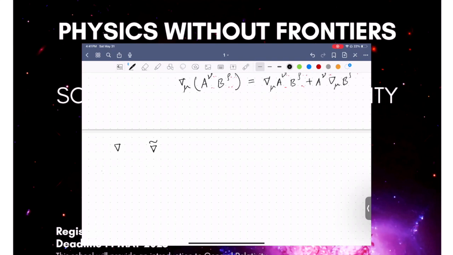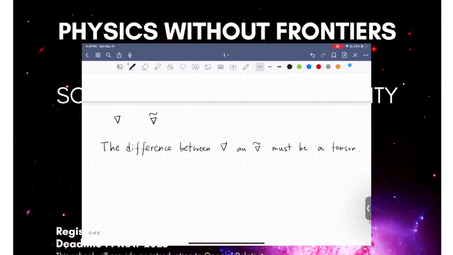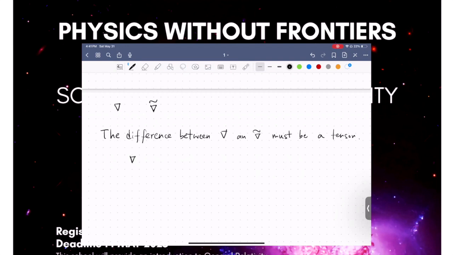So let me first state the result. And it may not be clear what I mean by this, so let me write down the equation.